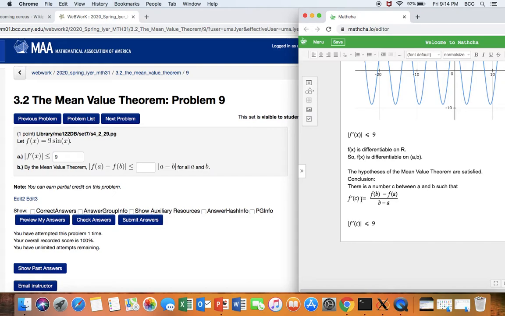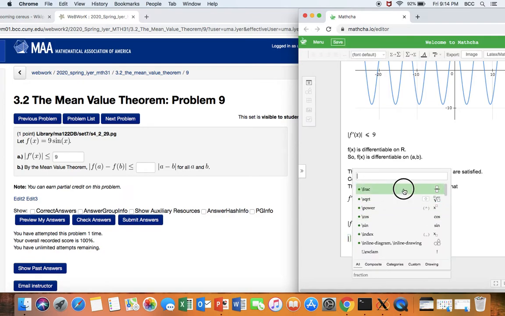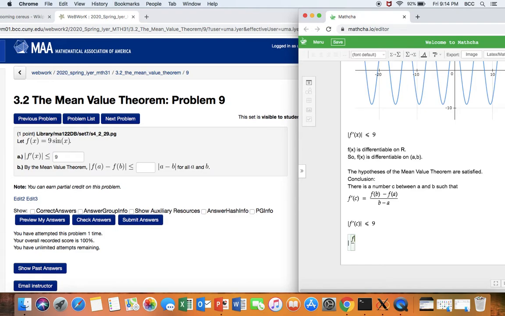So the absolute value of this fraction, (f(b) minus f(a)) over (b minus a), is less than or equal to 9.